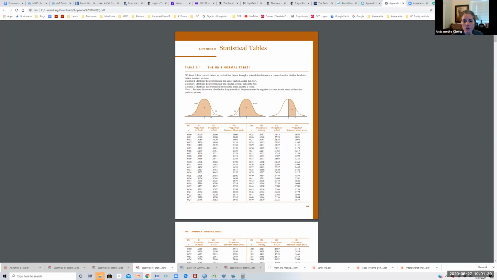So if I draw this, and let's say this is a z-score of 1, this would be the body, the bigger portion. If you draw a line, like I am cutting the pie right here at that z-score boundary, then the bigger piece of the pie is the body, and the smaller piece is the tail. These columns tell you what percentage of the pie is in the body and what percentage is in the tail, and when you add those 2 numbers together, you get 100% of the pie.